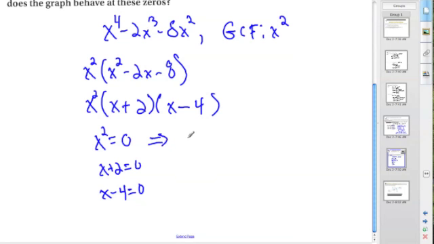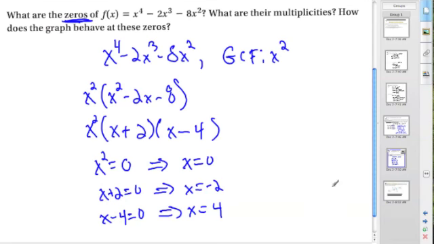So here we have x equals 0, x equals -2, x equals 4. Here there is multiplicity 1 because they all appear once, and the behavior is going to be linear.